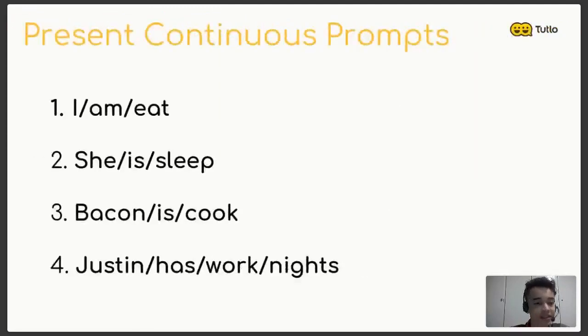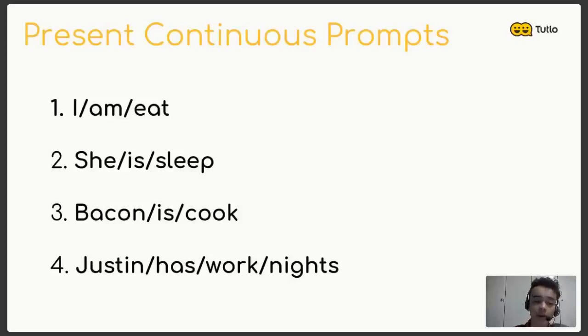Now, let's do the exact same thing that we did with the present simple prompts. We're going to do some present continuous prompts, all right? Number 1. Remember, we are only going to be talking about a temporary situation, something that is not happening forever.